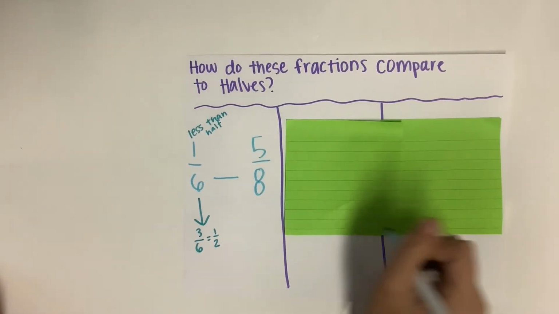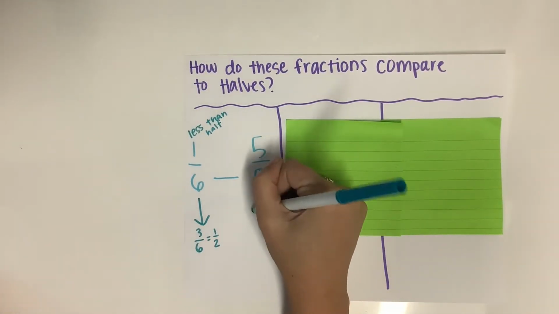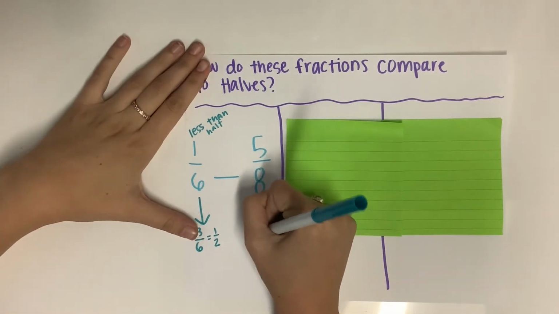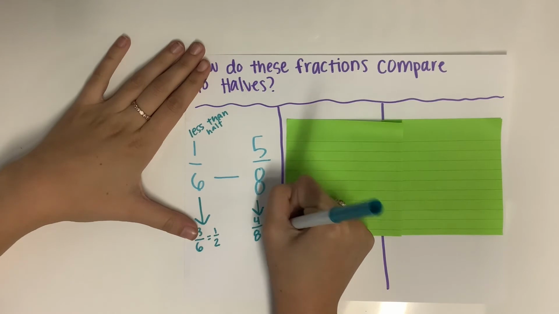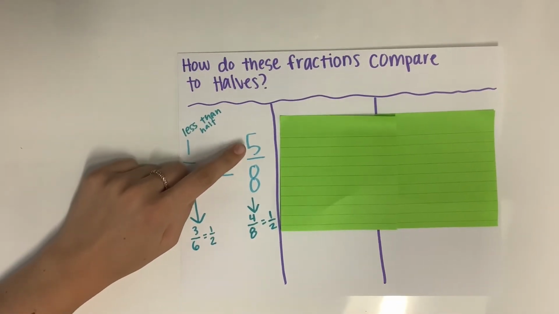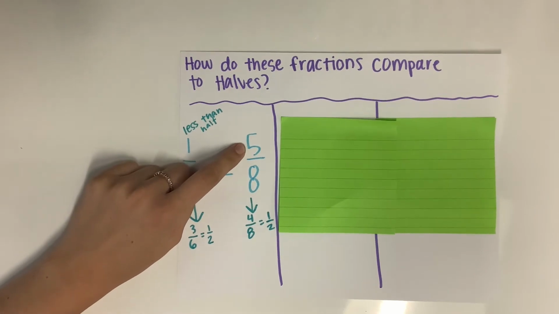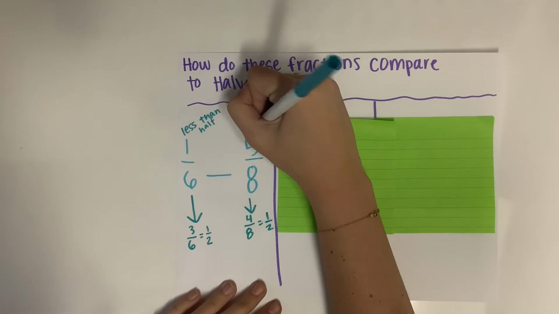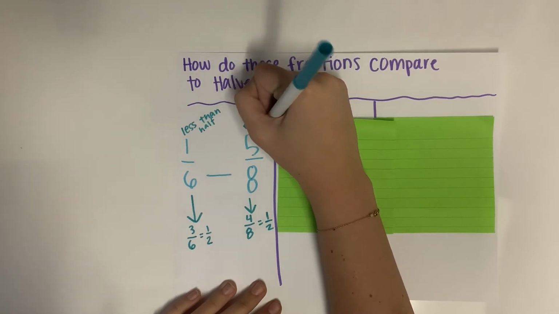Okay. What about 5/8? Well, I know that half of 8 would be 4. So 4/8 is equal to 1/2. Do we have 4/8? We have 5/8, which is actually more than 4/8. So 5/8 must be more than half.